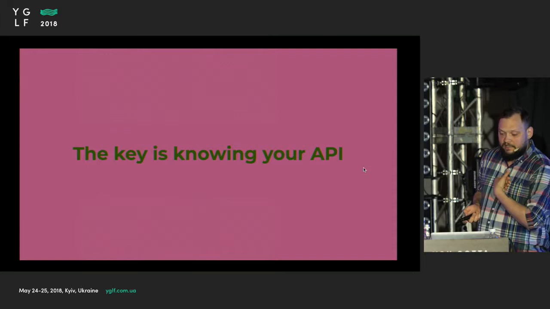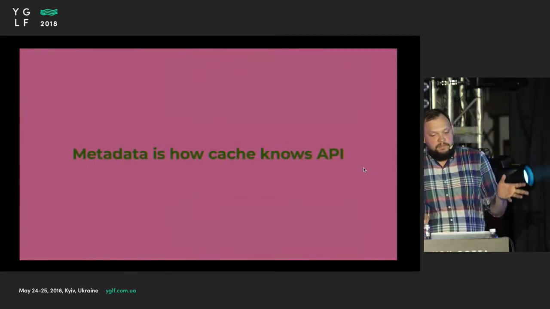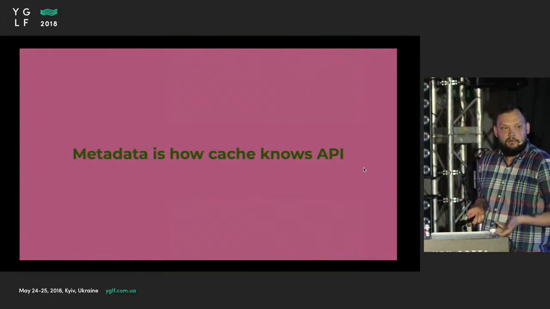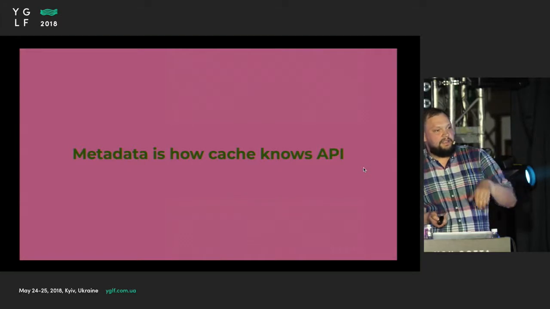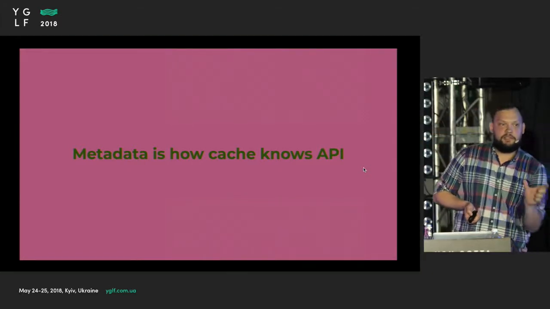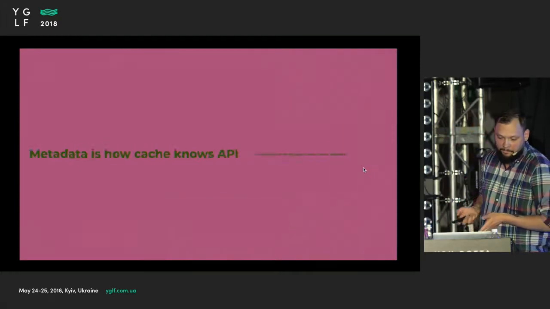Because for us, knowing the API is like reading the docs. But for your cache, reading the API is knowing the metadata of the API. For example, how Apollo client knows how to extract the type name with __typename, and how Relay knows that there is a node field inside your API which it can use to get the object by ID.